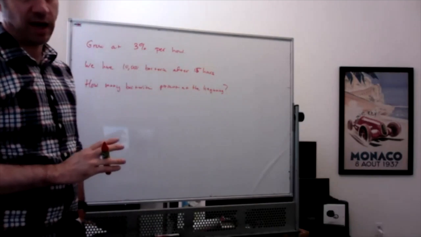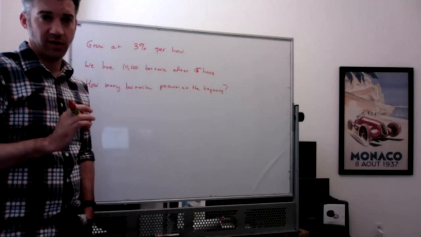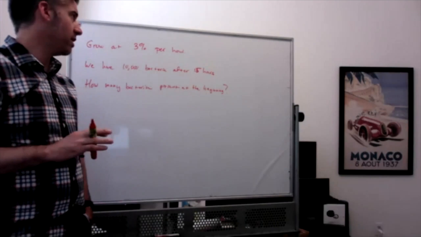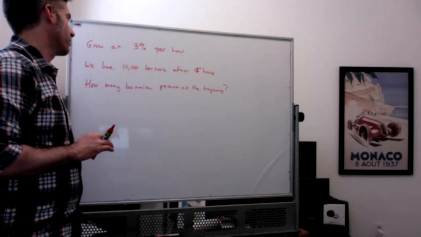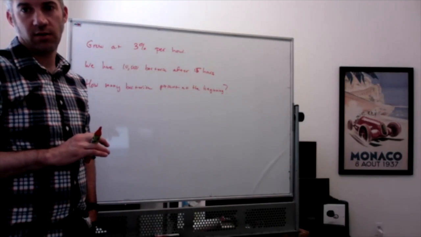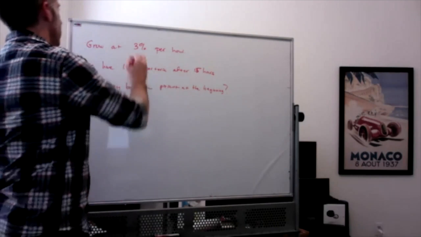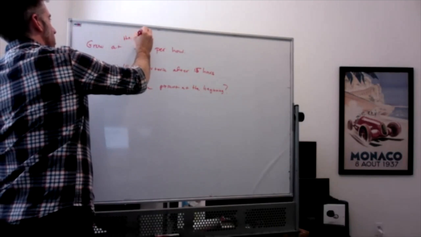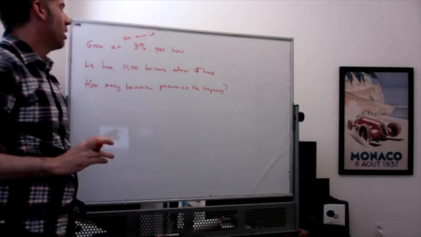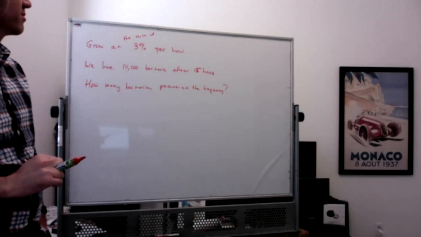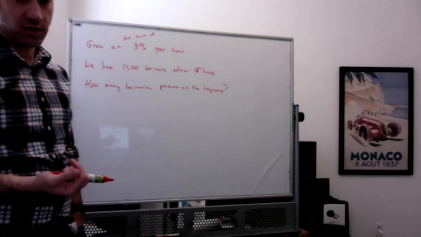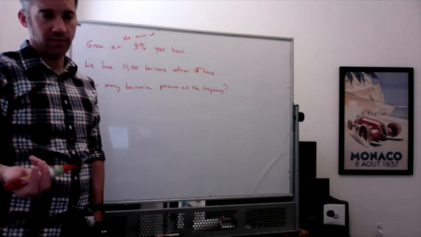So this problem, I believe, is slightly trickier than you might think. I believe you're supposed to do this one, and again, I don't know the intent of the writer of this problem.